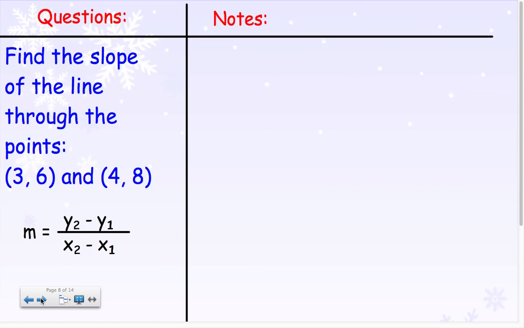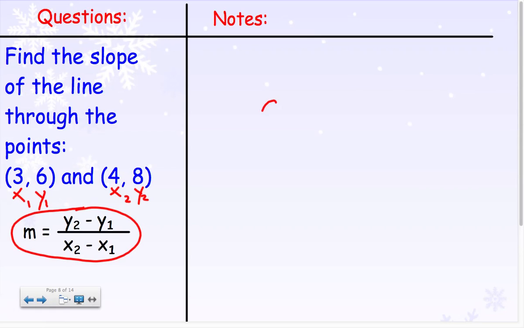Before we get into the new examples, we're going to review and make sure we know how to find the slope of a line. So we're going to find the slope of the line through the points (3, 6) and (4, 8). Before I start plugging things into my equation, I want to label my coordinates: x1, y1, x2, y2. Then I'll follow this formula to find the slope.